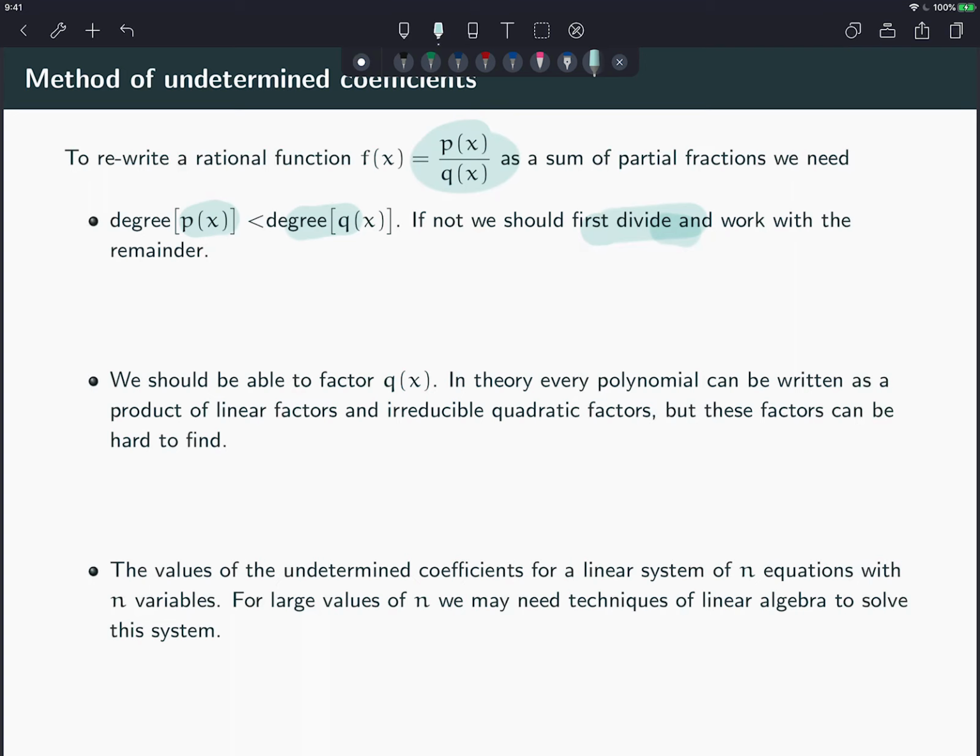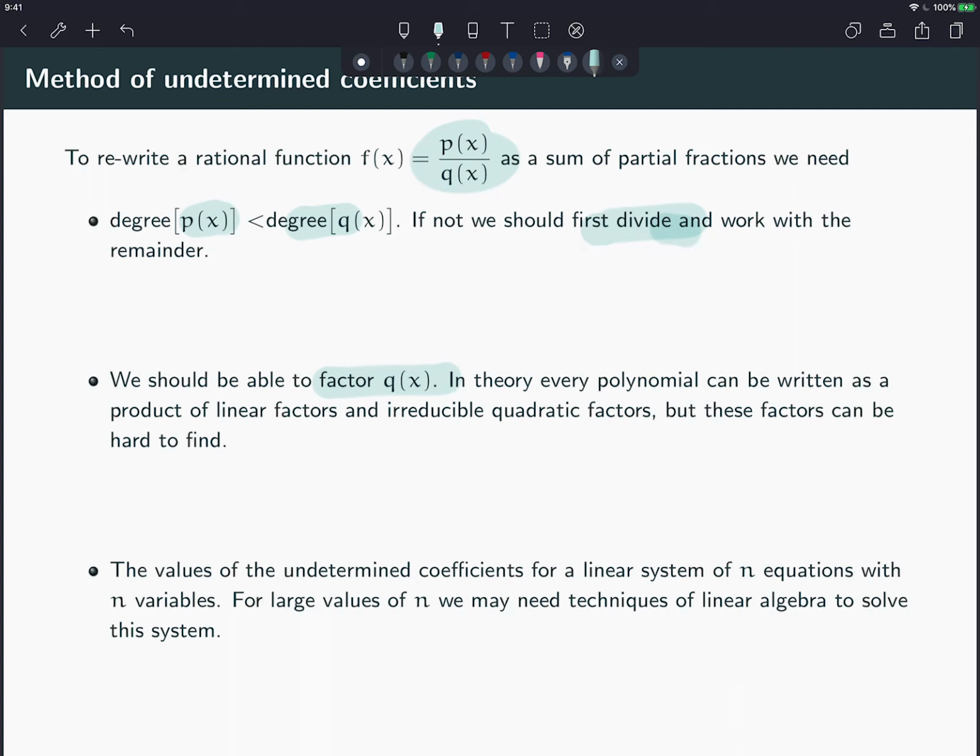The other thing that's important is we're assuming that we know how to factor the denominator. This is not always easy. It's not always possible. In theory, it works. Every polynomial of degree n, something we saw in pre-calculus, you can write out as a list of factors with multiplicities.